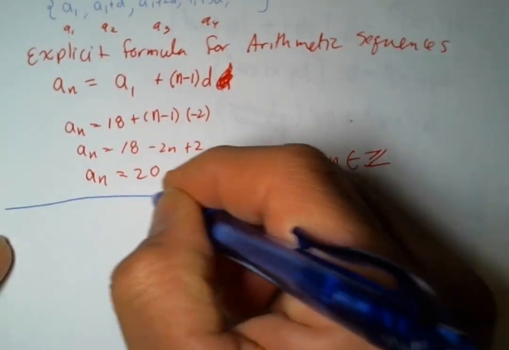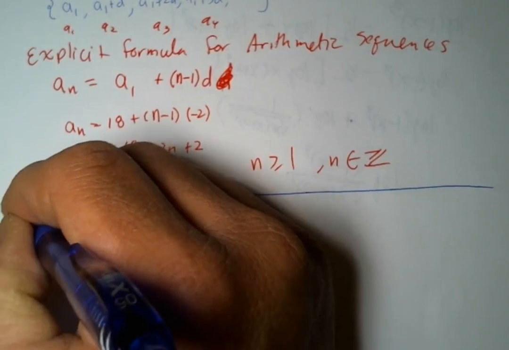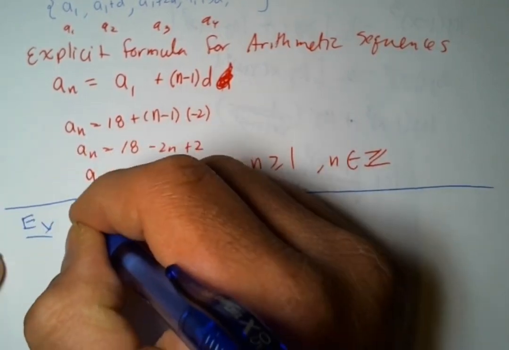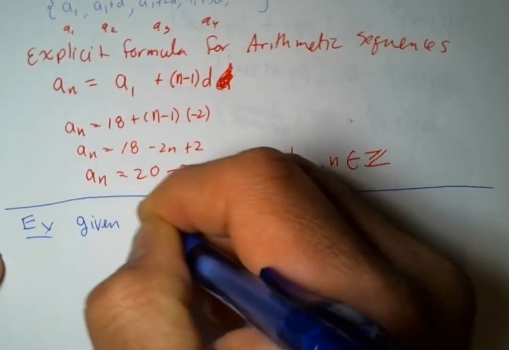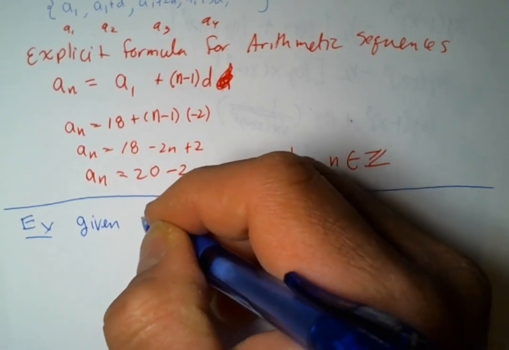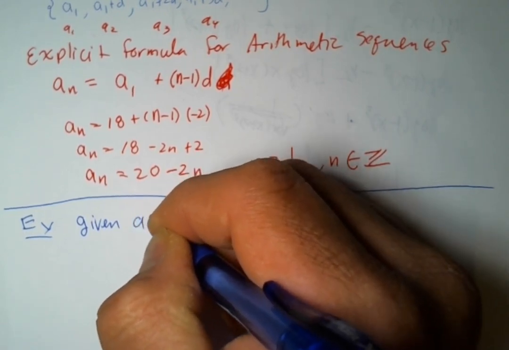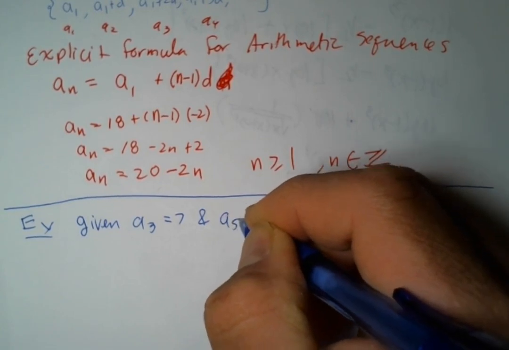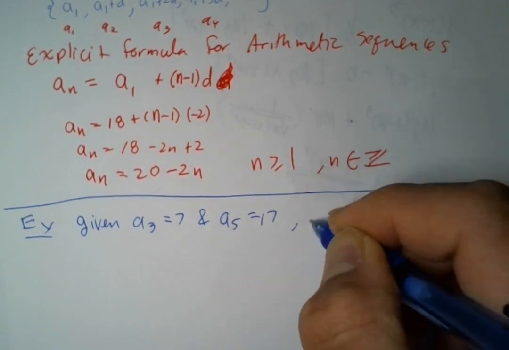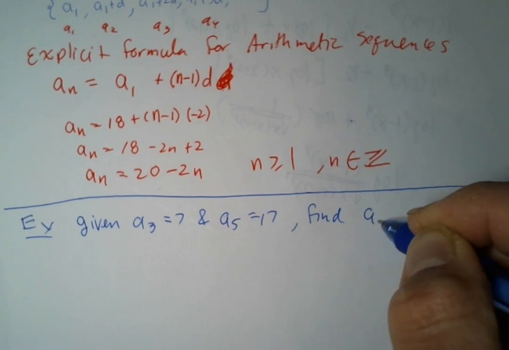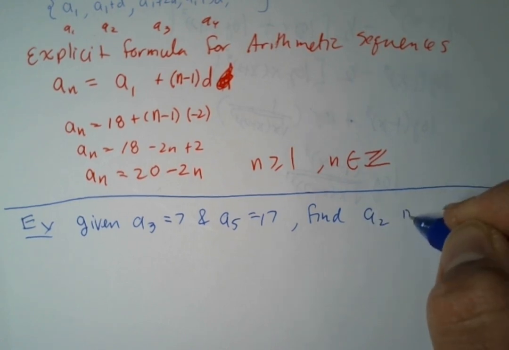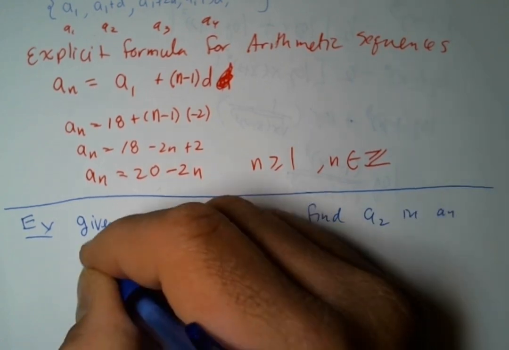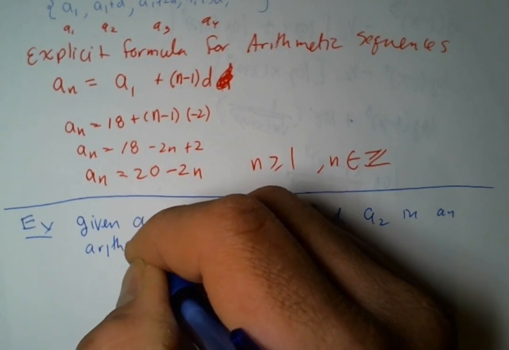Okay, so let's try an example here. So let's say that we're given that A3 is equal to 7 and A5 is equal to 17. Find A2 in an arithmetic sequence.